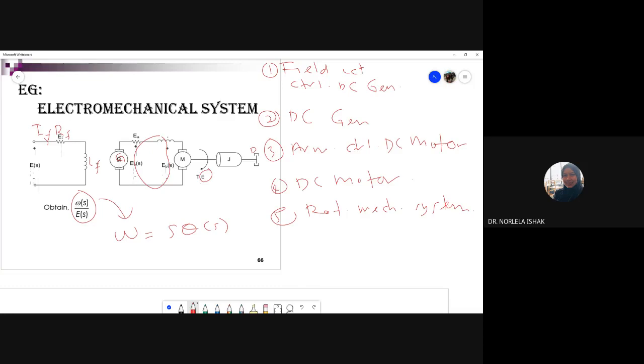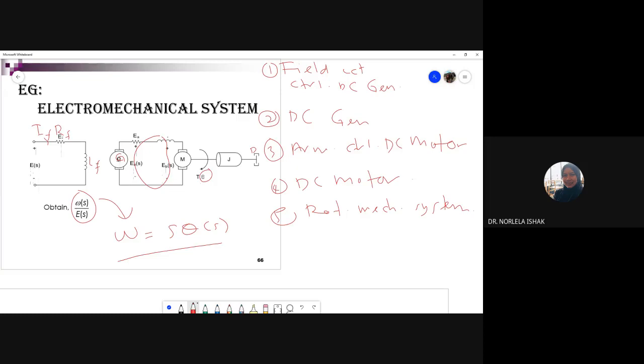Omega is the angular velocity, theta is the angular displacement. That is the relationship between angular velocity and angular displacement.